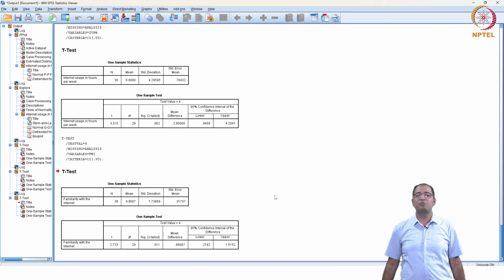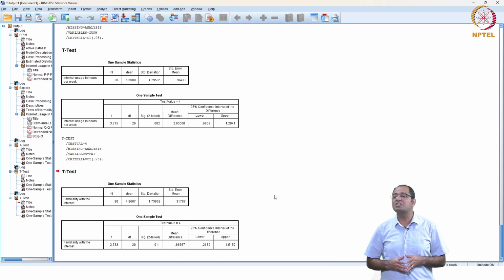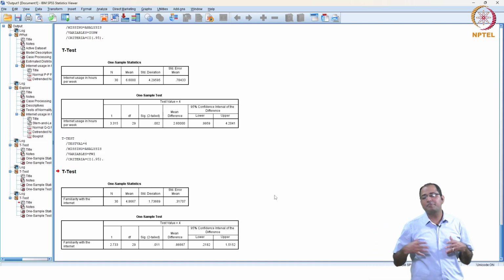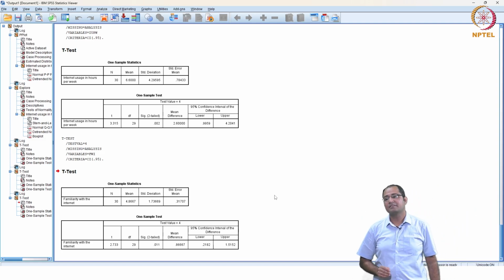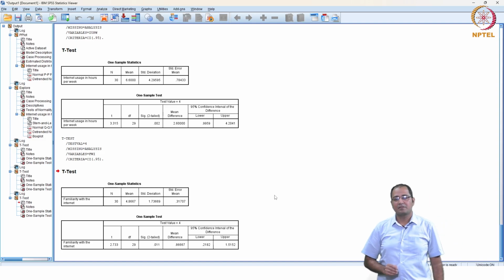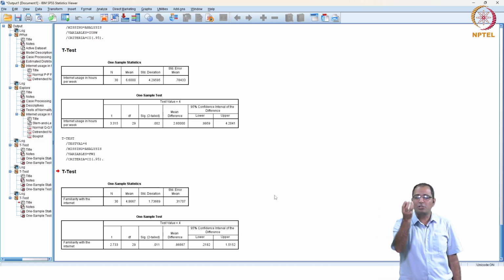Now, if this would have been whether the mean satisfaction of Uber customers on a scale of 5 is greater than 4, now we are looking at the positive direction only, not negative. Then for one-tailed, whatever two-tailed value you got, you have to divide it by 2.